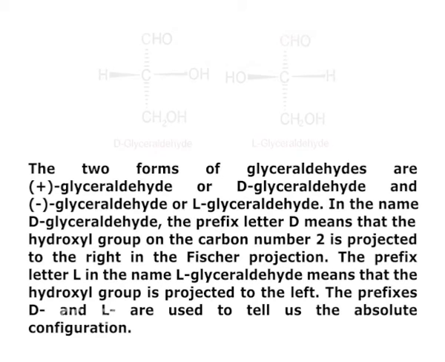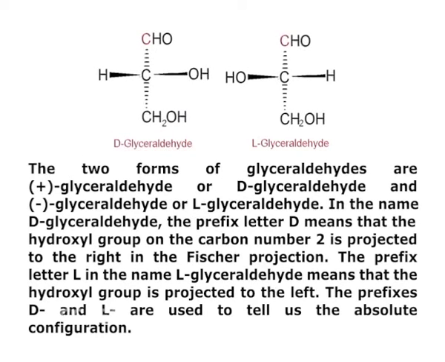In this system, the configuration of an enantiomer is related to a standard glyceraldehyde. The two forms of glyceraldehydes are plus glyceraldehyde or D-glyceraldehyde and minus glyceraldehyde or L-glyceraldehyde.